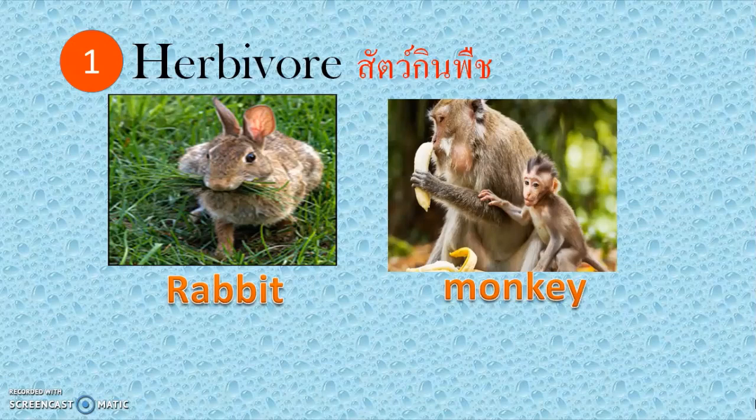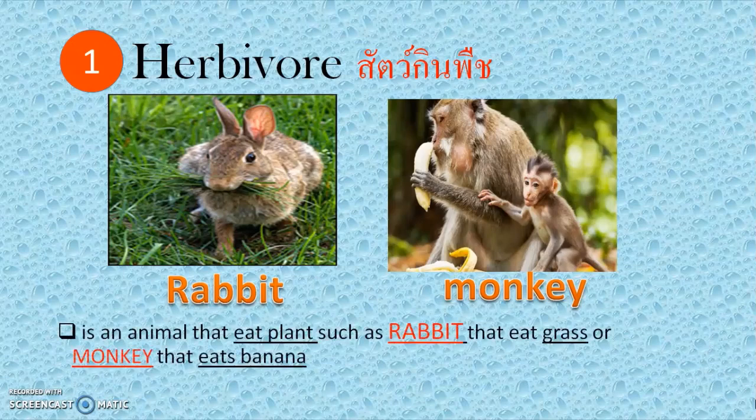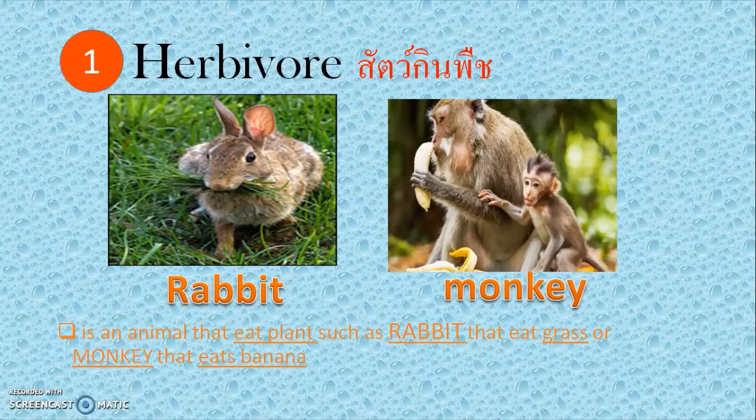So why do they call these animals herbivores? Because a herbivore is an animal that eats plants, such as a rabbit that eats grass or a monkey that eats banana. That's why they call them herbivores. Did you understand? That's right. Okay. Very good.